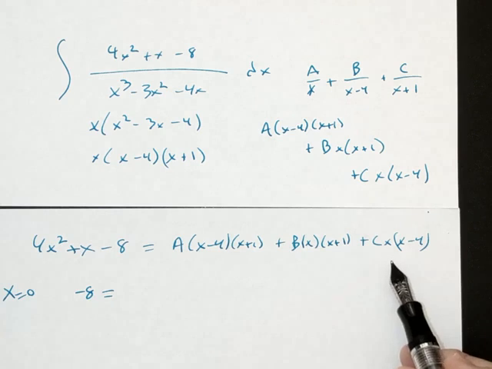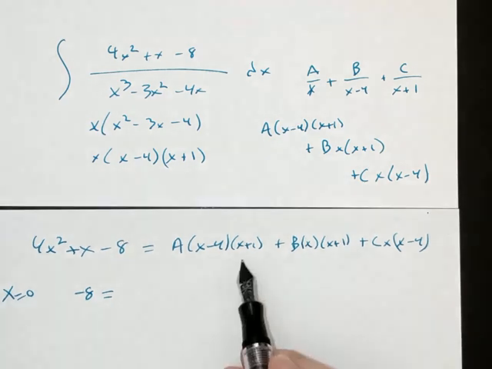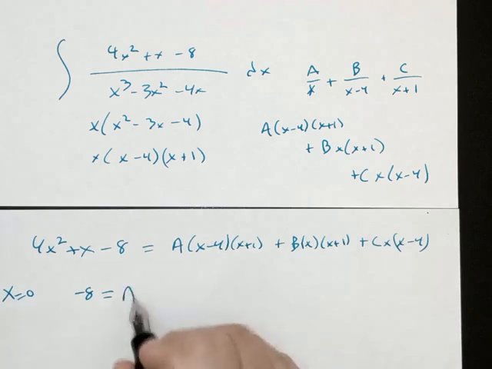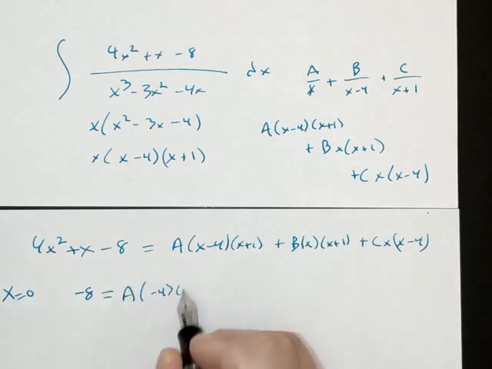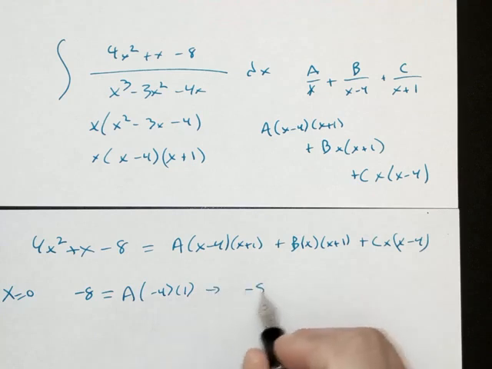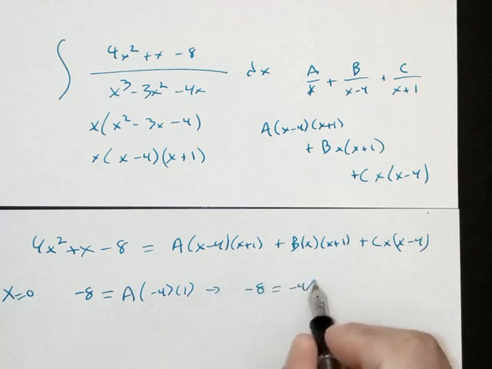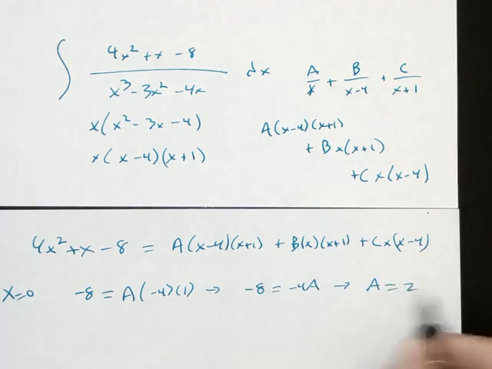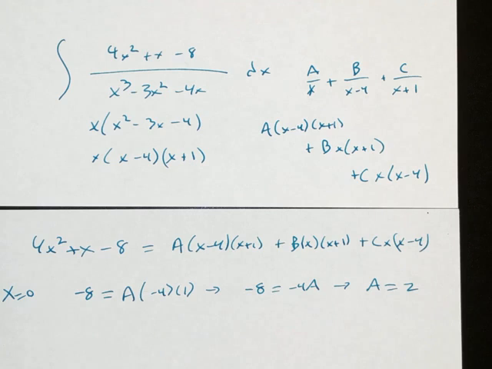The only one that's not 0 is this one. And I get A times -4 times 1. So I get -8 is -4A. A is 2. No simultaneous equations required.